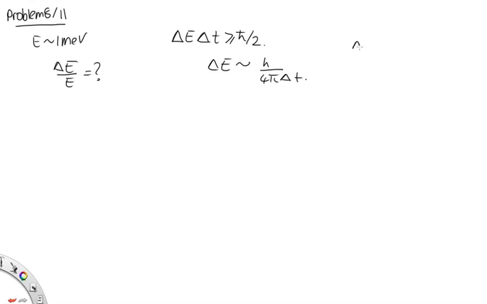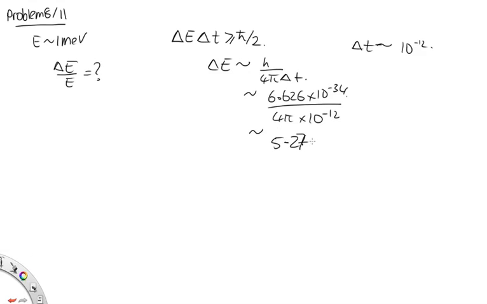And we're told in the question that the average lifetime is of the order of picoseconds, so 10 to the minus 12. So delta E is approximately 6.626 times 10 to the minus 34 over 4 pi times 10 to the minus 12. So solving this, we get 5.27 times 10 to the minus 23.